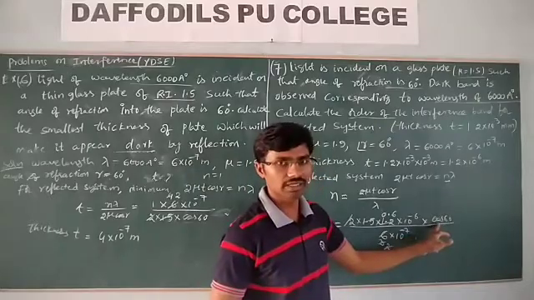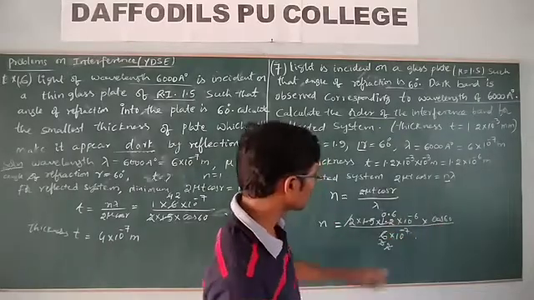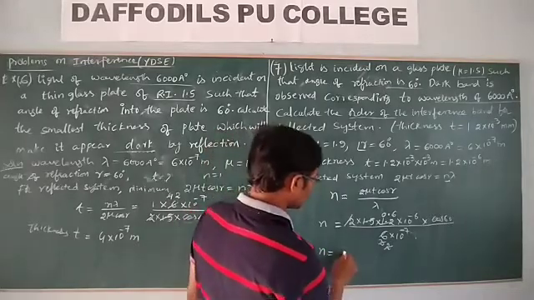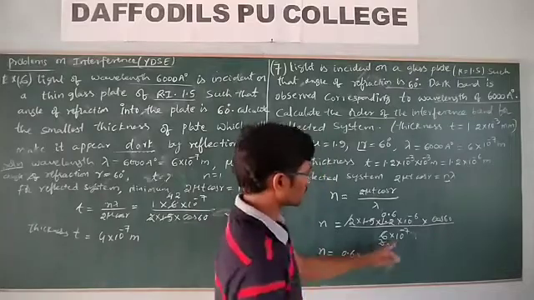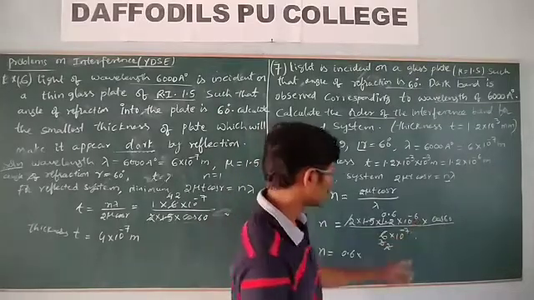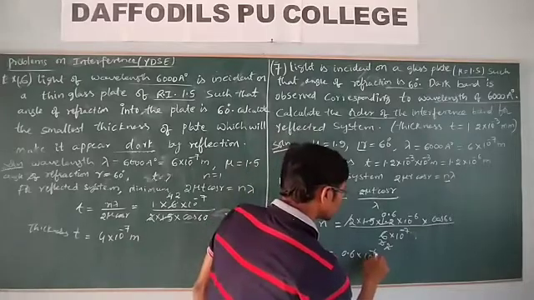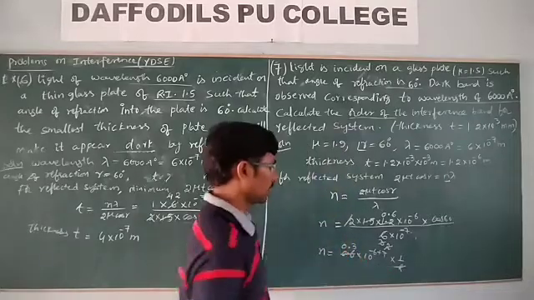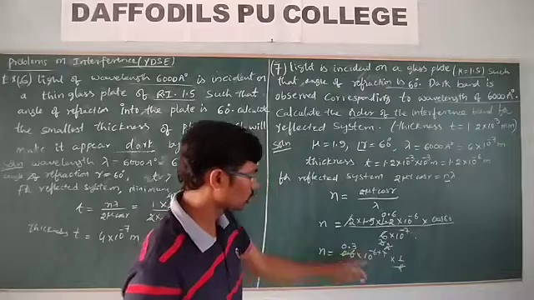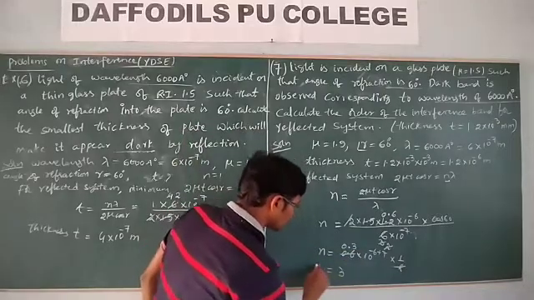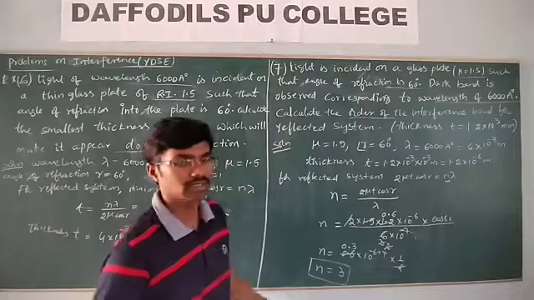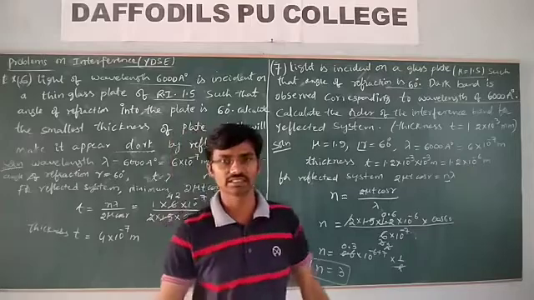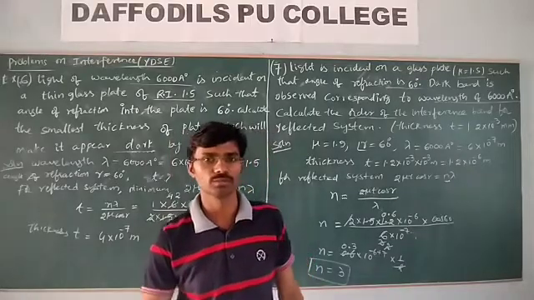Now cos 60 value is 1 by 2. 1 by 2 into 0.6, then n is equal to what? 10 power minus 6 plus 7, that means 10 power 1. 0.3 into 10 is equal to 3. Then n is equal to 3. That represents the third dark fringe observed for this reflected system in this problem.